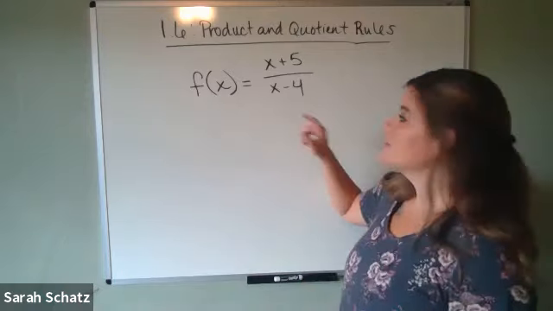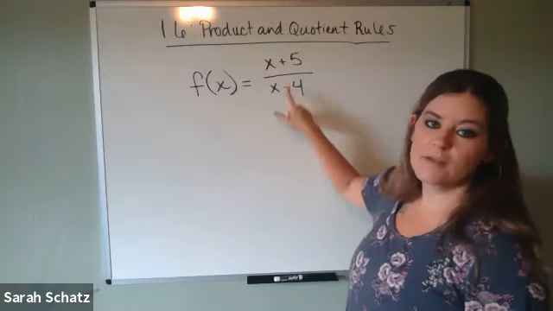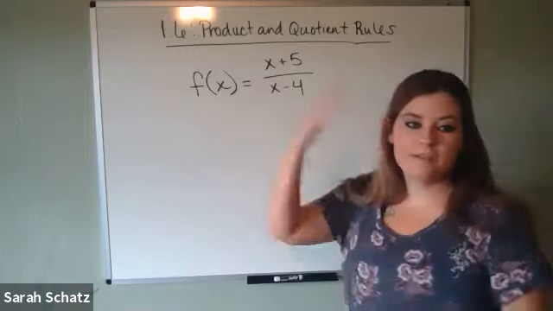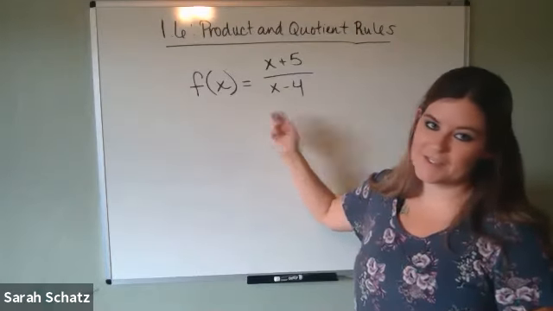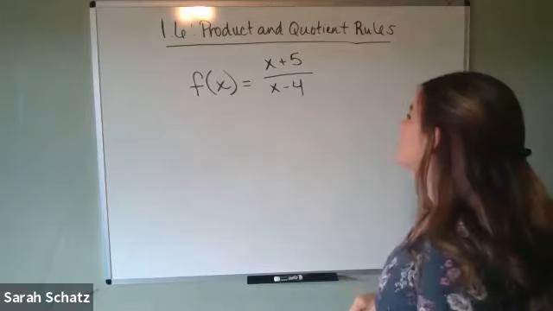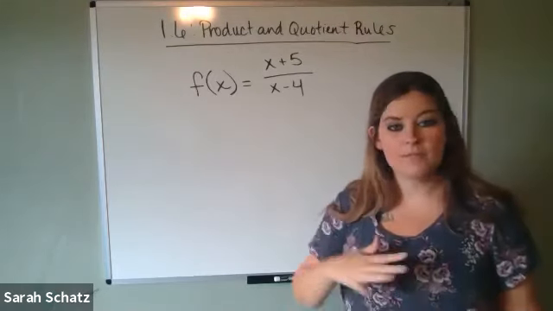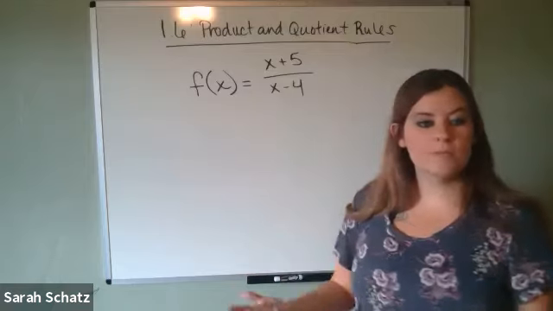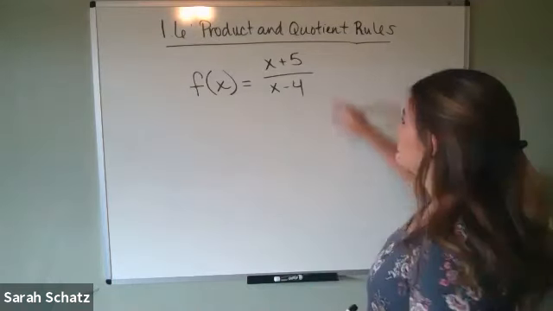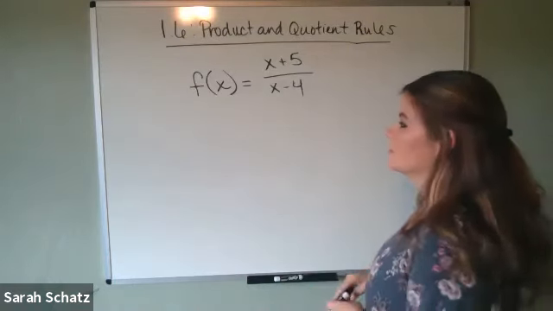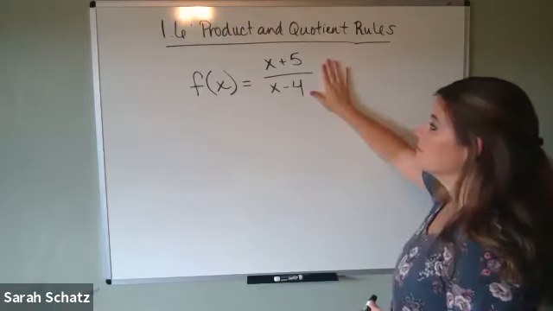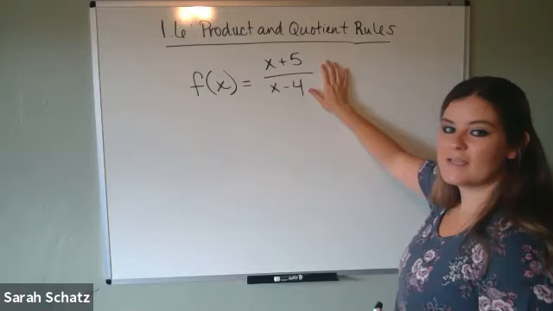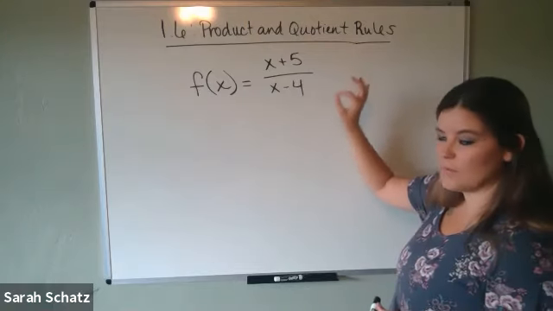I cannot take the derivative up here, take their derivative down here, and just put them over each other. We would end up with a 1 here, and that is not what the answer is going to be at all. So again, please don't do that. That only works with plus and minus. Multiply and divide, we have our special methods, right? So definitely, and we are going to do this one, but when I see it, I say, yes, this is a quotient rule problem.